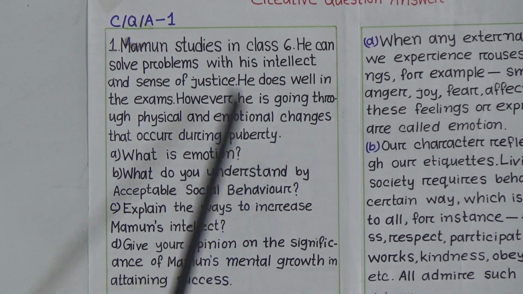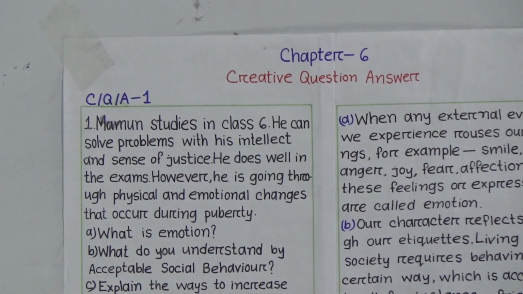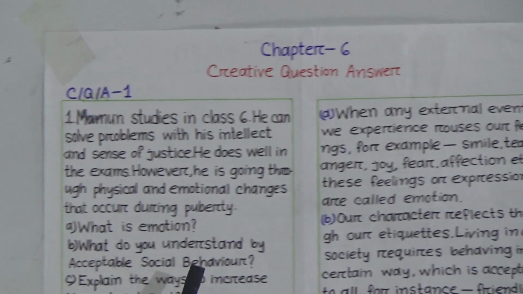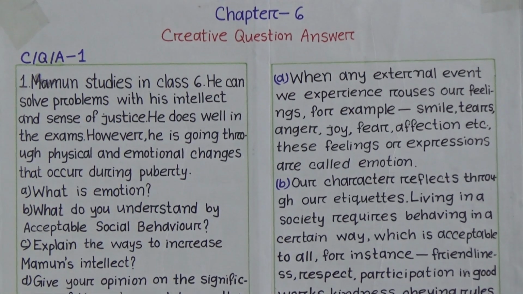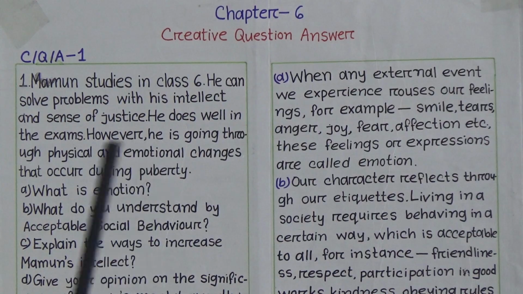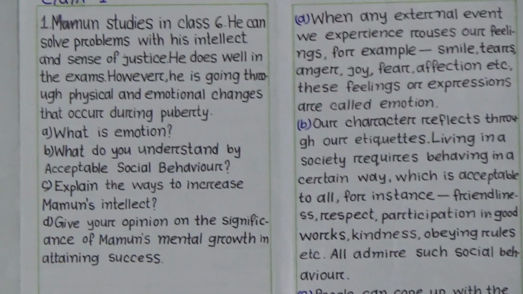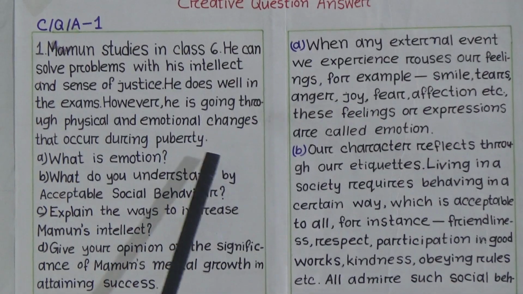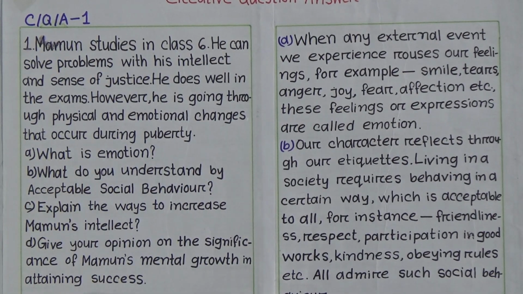Students, we have learned the summary of chapter 6. In this chapter, we learned that during puberty, there are different kinds of changes such as physical, mental, emotional, moral, social. Now you have to answer some questions.